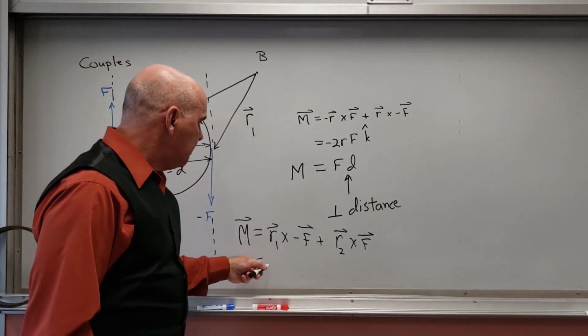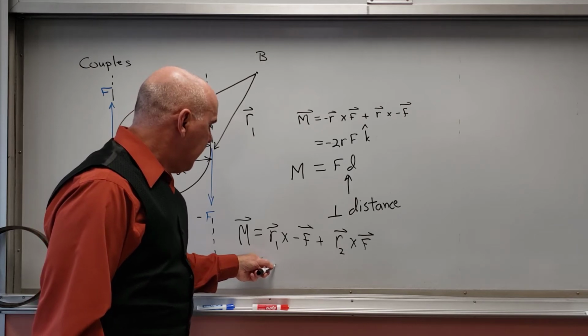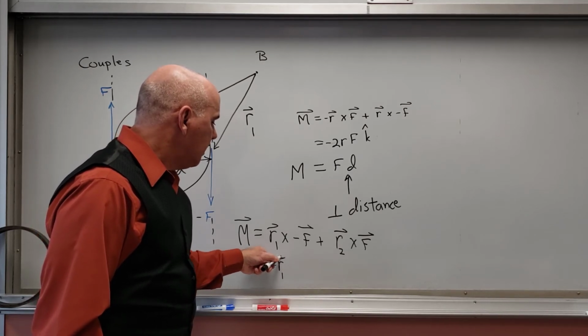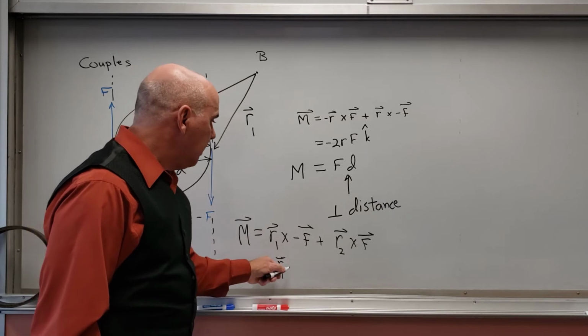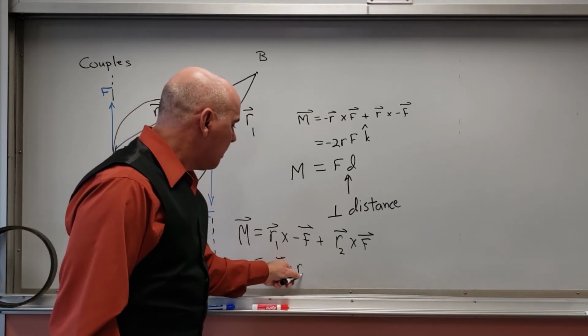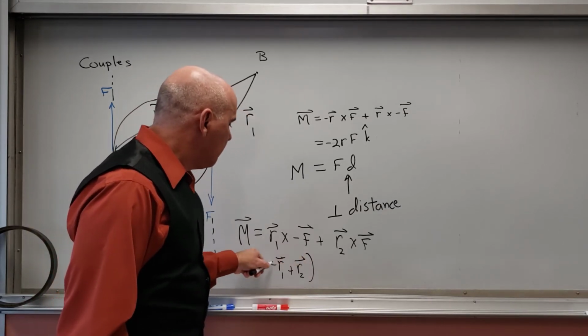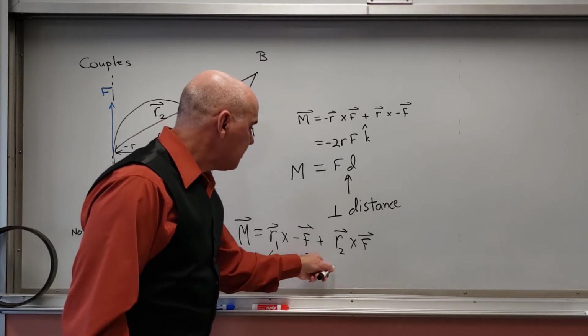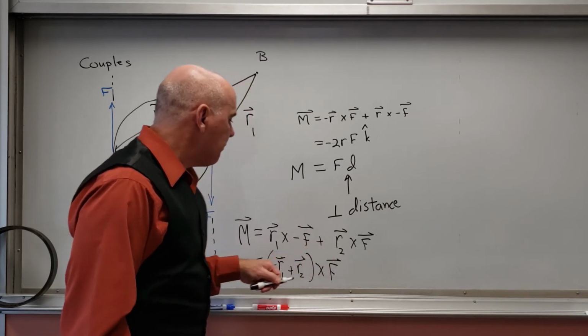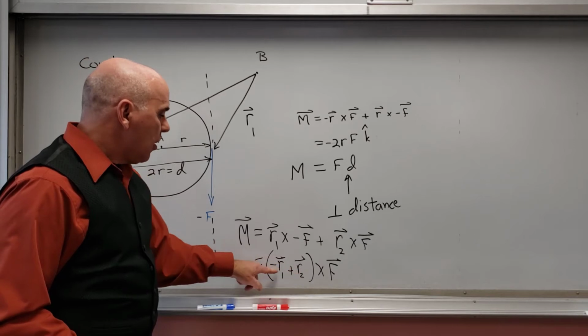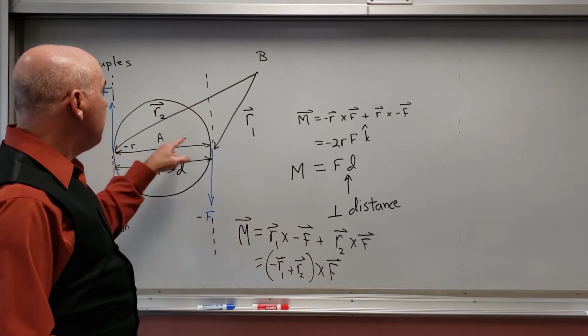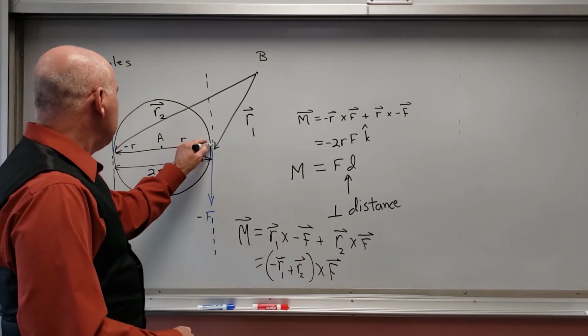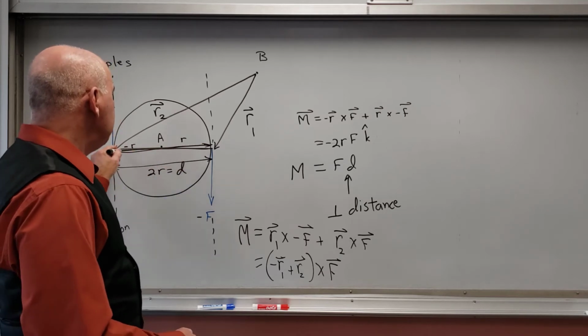So this is equal to negative R1, because of this minus sign right there, plus R2, parentheses, crossed with the force F. But this is R2 minus R1, but R2 minus R1 is this distance right here, right?